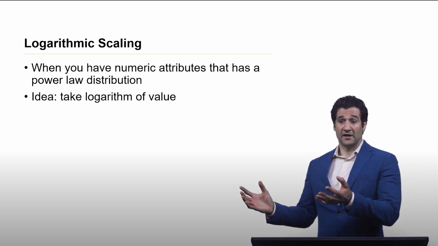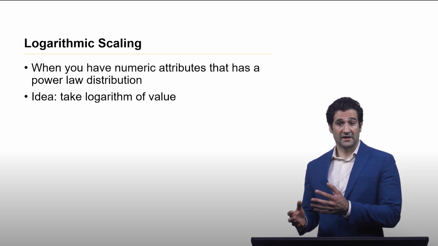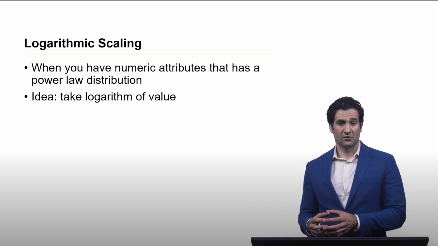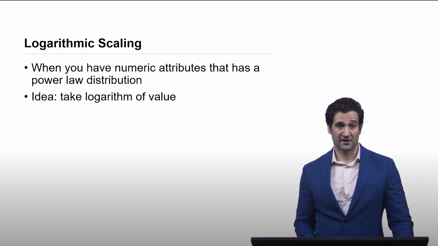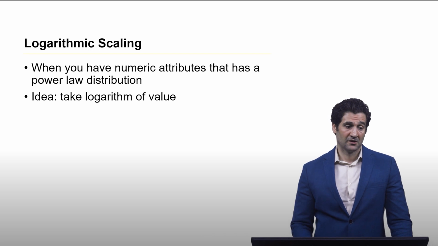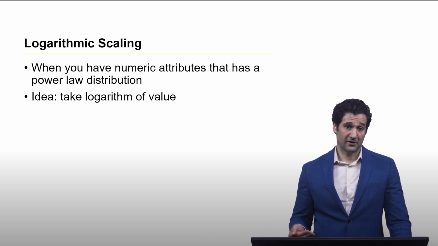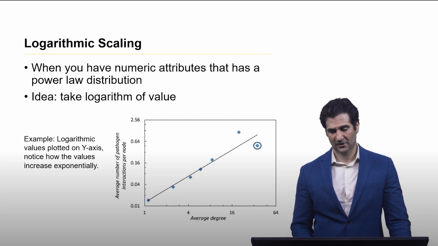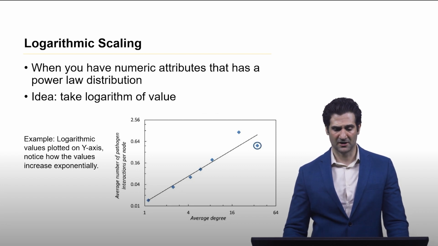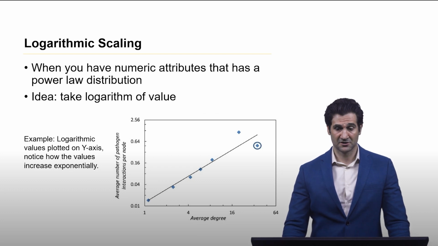On 9/11, over 2,000 people were killed, which is an order of magnitude greater than the next largest terrorist attack in the U.S. So this follows a power law distribution, and power law distributions occur in many things in nature. Here we have it based on protein interactions relating to presence of pathogens.